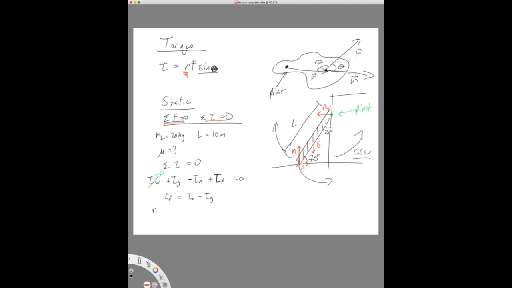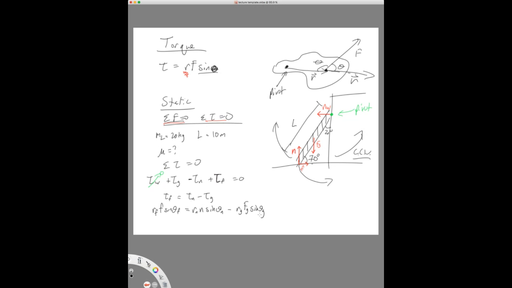So that's going to be R friction times sine of theta friction. So I basically just write R F sine of theta once each for each torque, and then put little subscripts there. So we're going to have R normal times the normal times sine of theta normal minus R G F G sine of theta G.